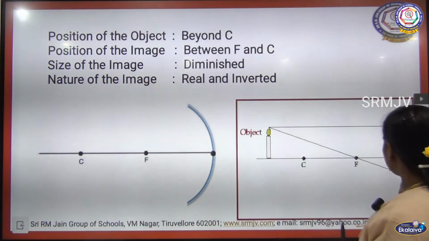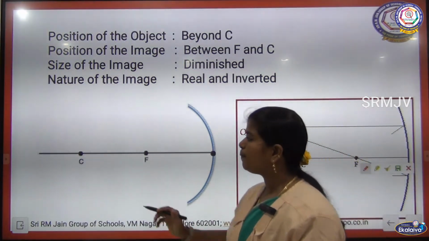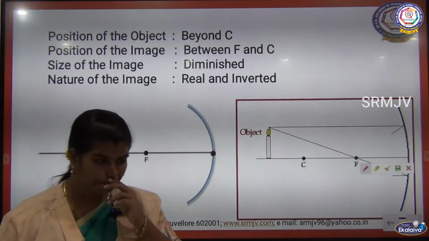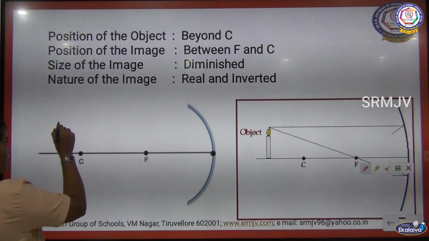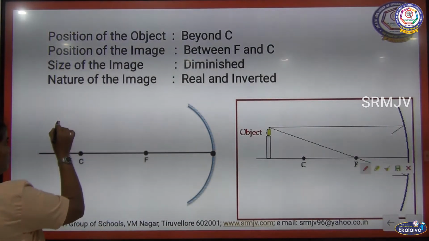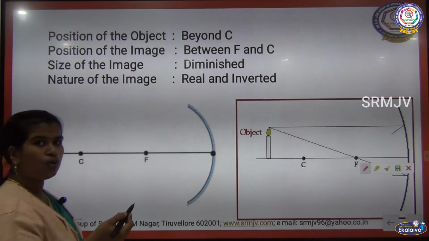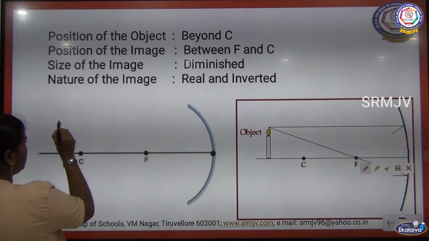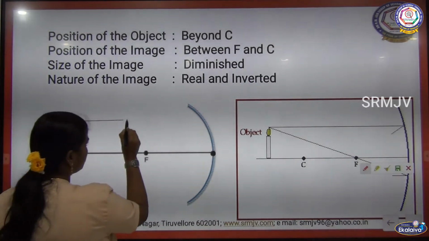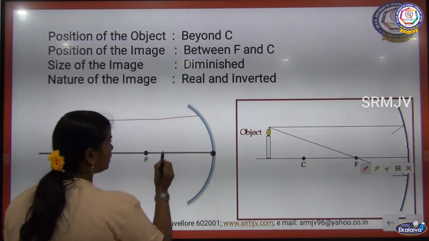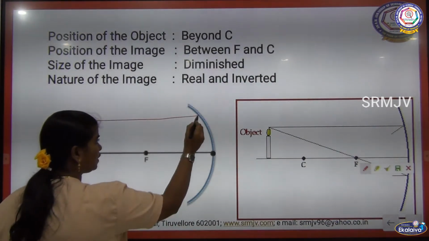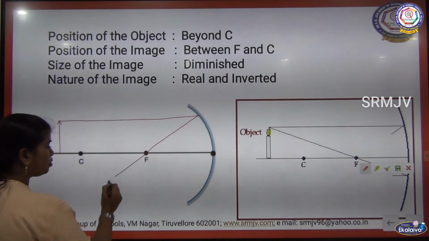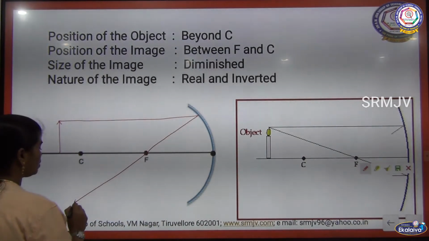The next position of the object is beyond C. So I am going to keep the object here. The object we denote with an arrow mark. Let me use rule 1: a ray parallel to the principal axis, after reflection, will pass through the focus.